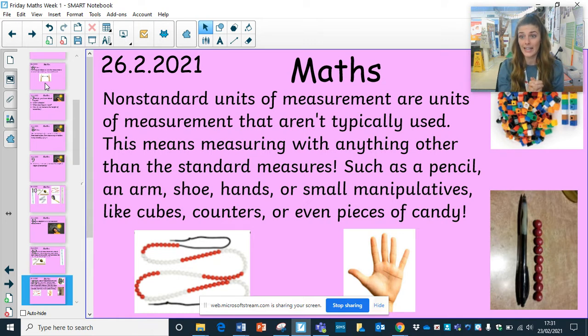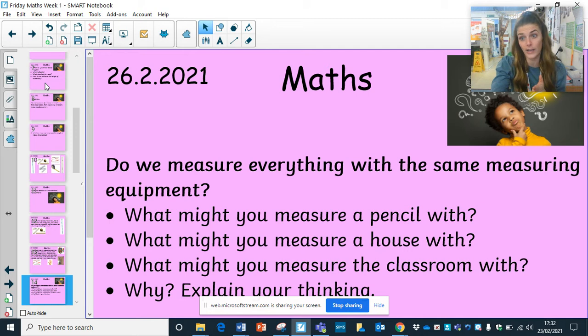If we were to use hands, your hands might be different sizes, so you might not get the same answer. If I used my feet to measure the length of the classroom and then you used your feet, you might have a different number to me. So that's where it's not as useful or accurate.